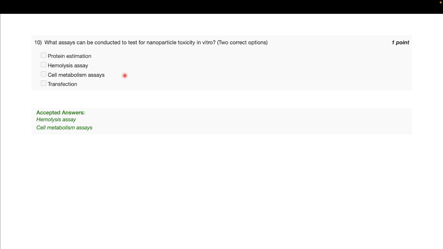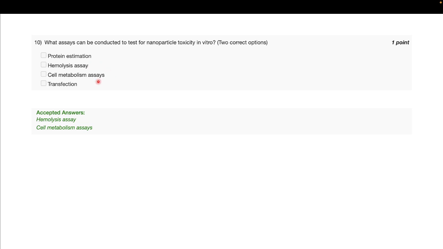So you can check whether your nanoparticle is going to lyse your RBCs. You can collect blood from an animal, let's say a mouse, put these nanoparticles in the blood, and see what happens to the blood over time, and whether your RBCs are getting ruptured or not. That's what is done in hemolysis assays.